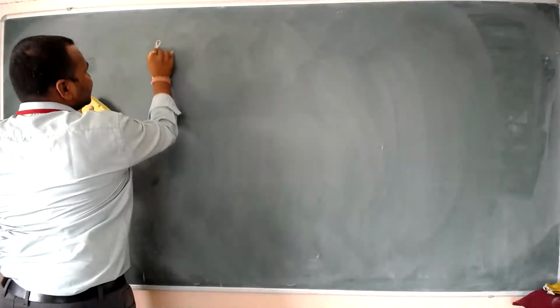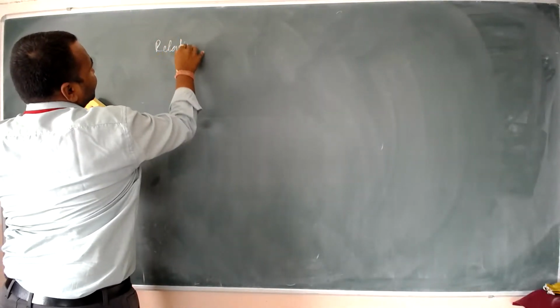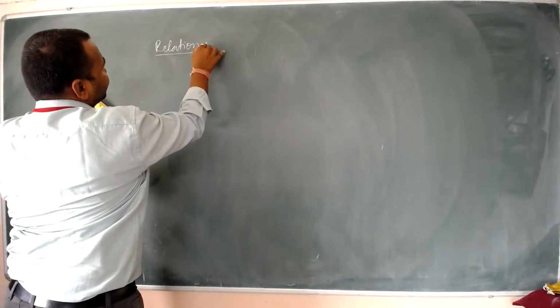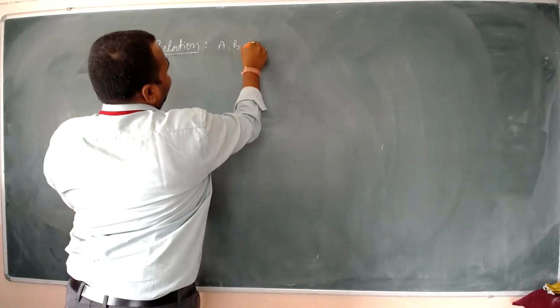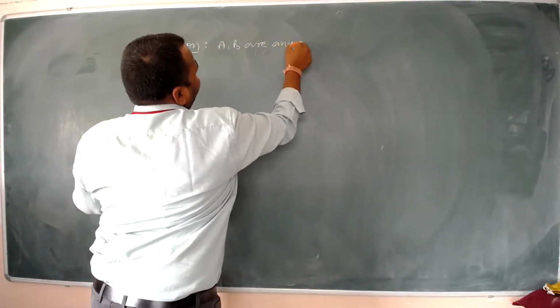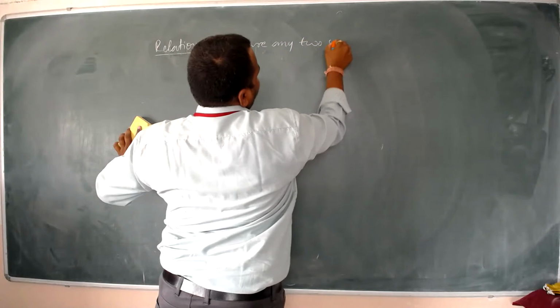Next, relation. The next concept is relation. A, B are any two sets.